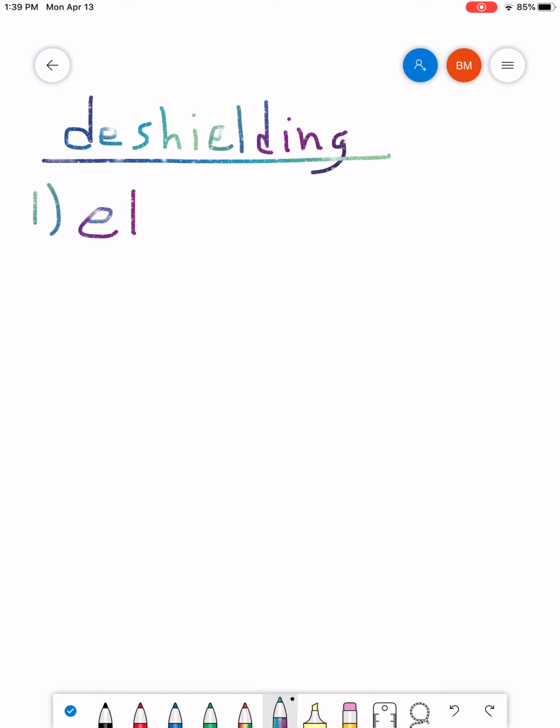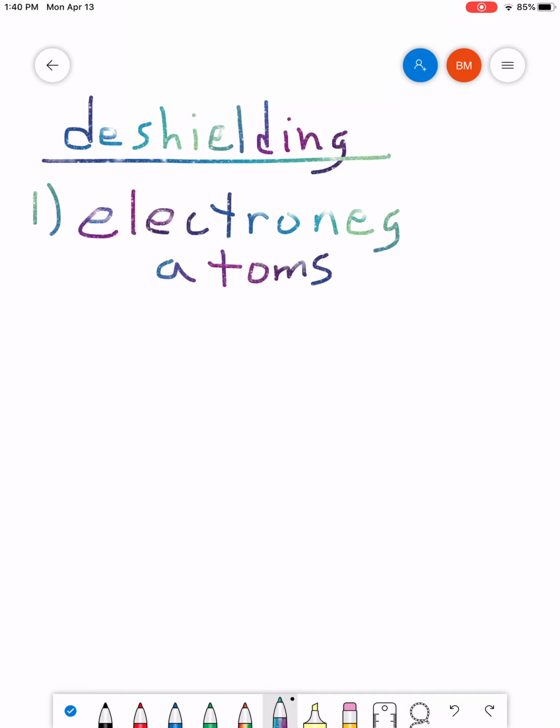The presence of electronegative atoms. Basically, you get an inductive effect here, right? So you have one of these greedy electronegative atoms that likes to pull electron density to itself. It can pull the electron density of a nucleus's neighbor, and that will, in fact, reduce the shielding effect. All right?